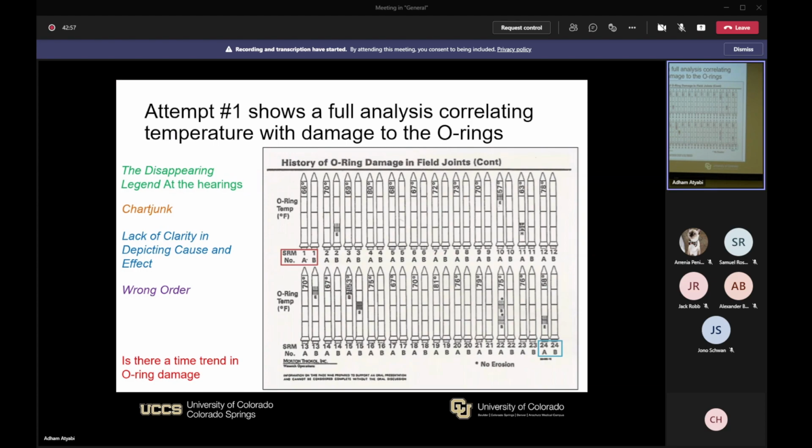Now, the second problem is the chart junk. The good design brings absolute attention to the data, yet instead of focusing on the possible link between the damage and the temperature, the vital issue here, which is being ignored, the strongest visual presence in this graph is the clutter generated by the outline of the 48 little rockets.